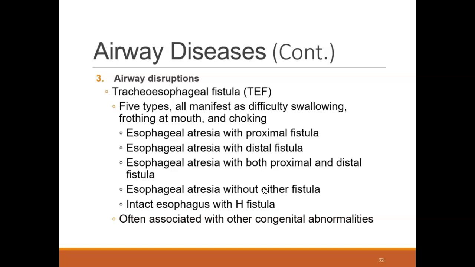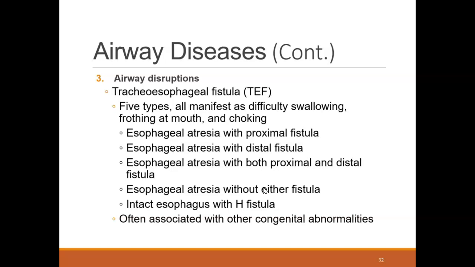Regardless of what type it is, how it's formed, most of these babies are going to present with difficulty swallowing or a lot of drooling, with secretions in their mouth because there's nowhere for those secretions to drain.